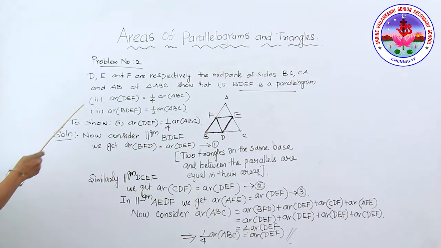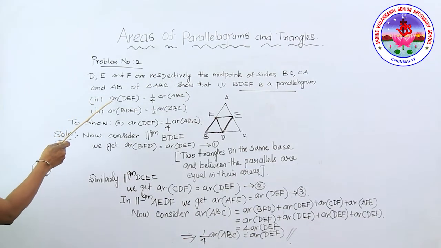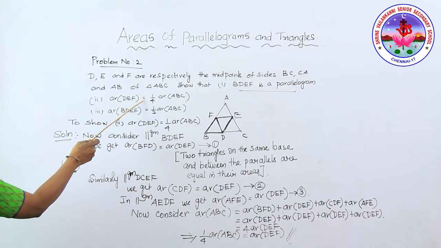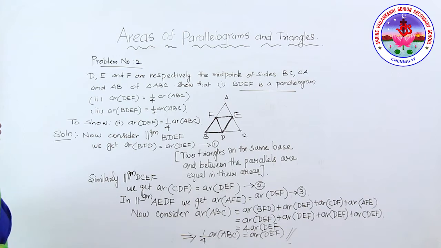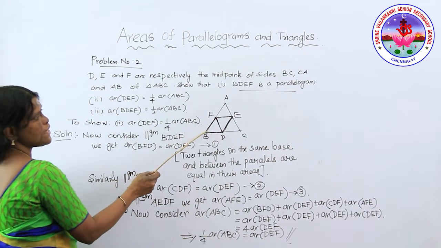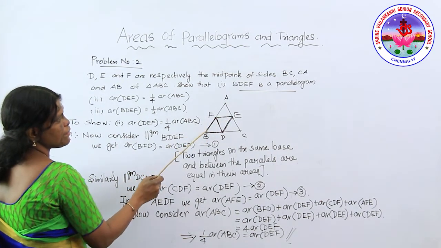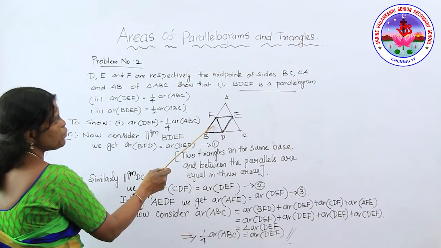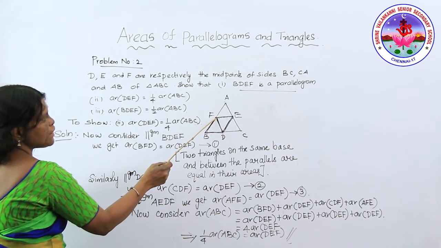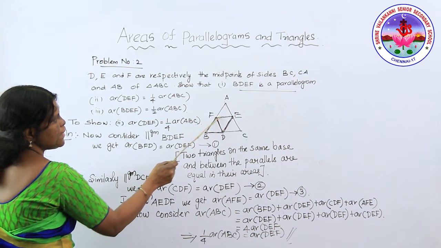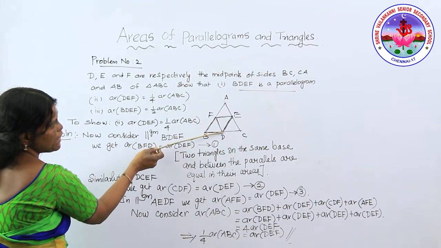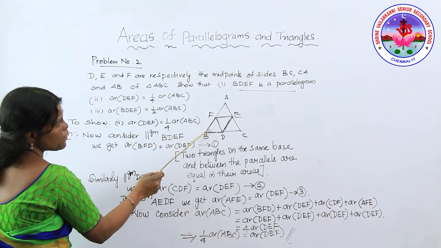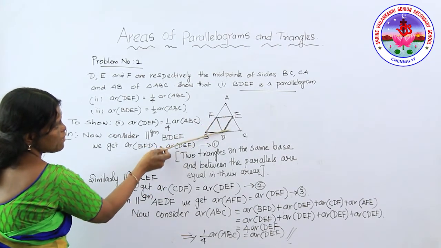Now coming to the second subdivision, we need to prove that area of DEF is equal to 1/4 times area of the triangle ABC. In the previous case, we have seen that BDEF is a parallelogram. So we know that the triangles BFD and DEF are on the same base DF and lie between the parallels.